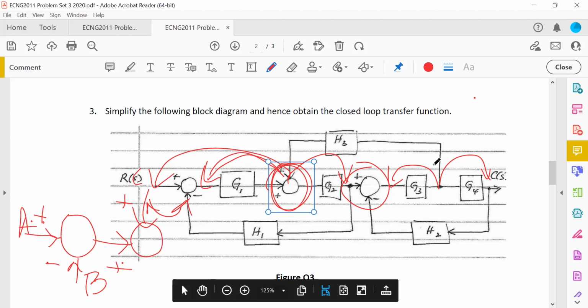So for instance, let me just stop this share for a second and share. All right. So if I have something like this: plus, minus, plus, minus, right?